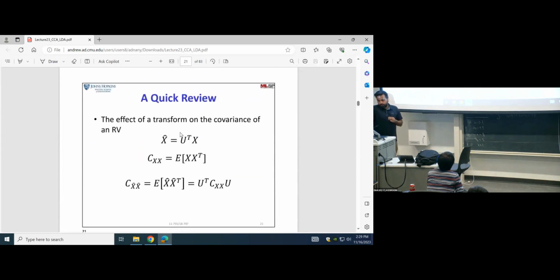Okay, I think you guys know this. With linearity of expectation, this thing will switch, so you'll get U^T C_XX U. Because U^T X will be here, and X^T U will be here, since the transpose will flip the order.